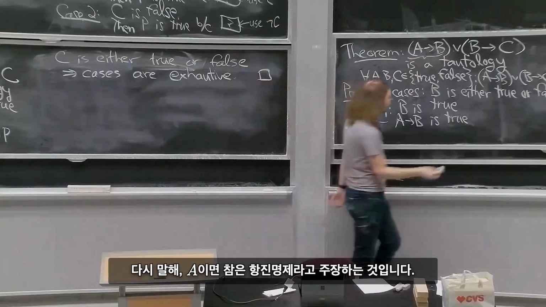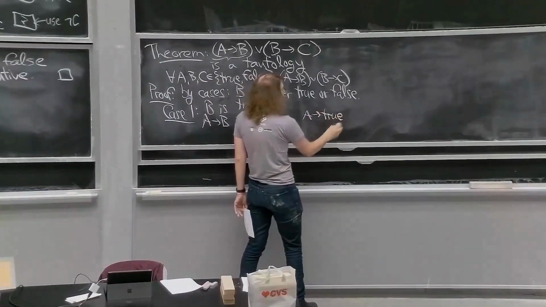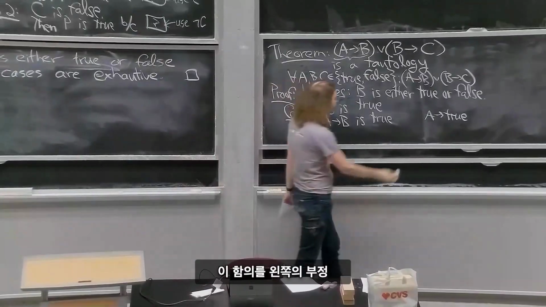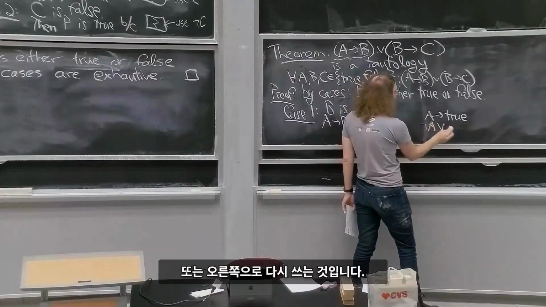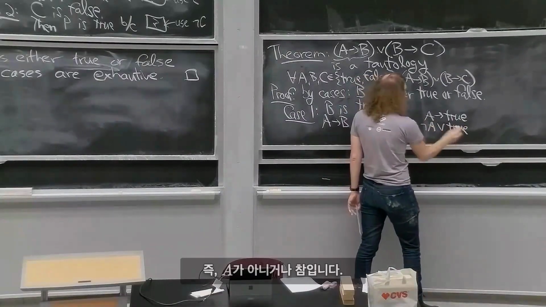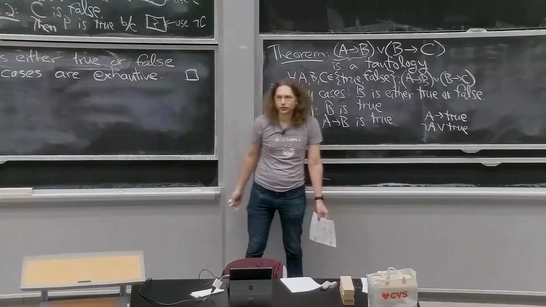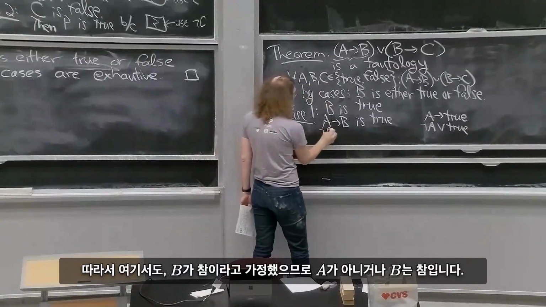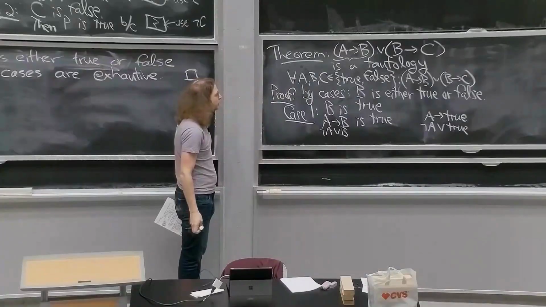In other words, I claim that A implies true is a tautology. I think an easy way to see this is to rewrite this implication as not the left-hand side or the right-hand side. Right? Not A or true. Well, that's just true. True or anything is true. Okay, so in particular over here, not A or B is true because we just assumed that B is true.